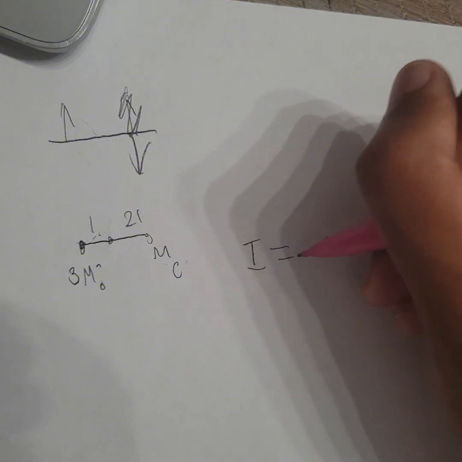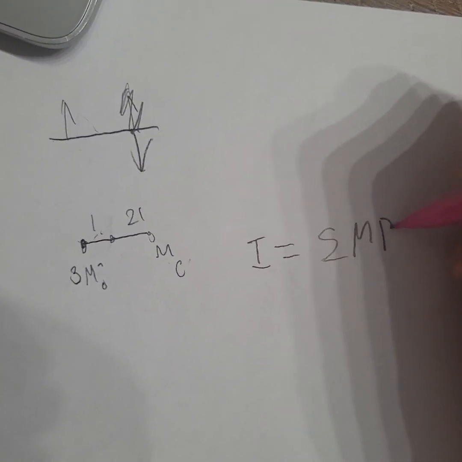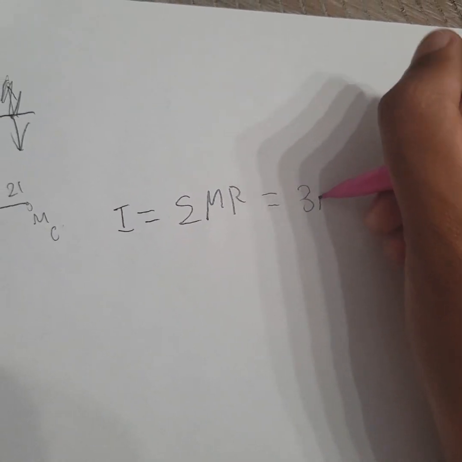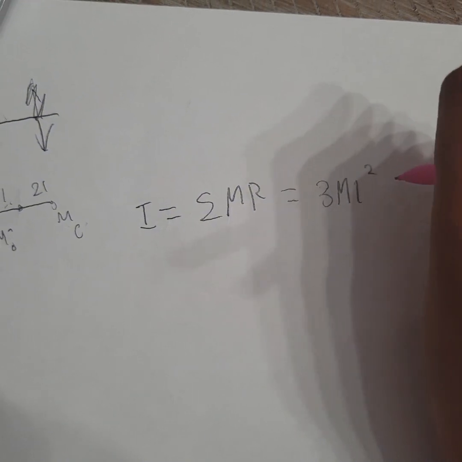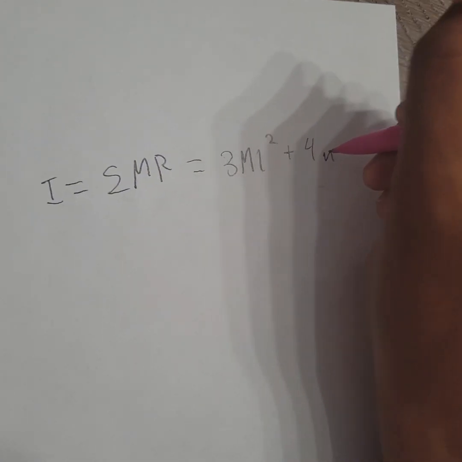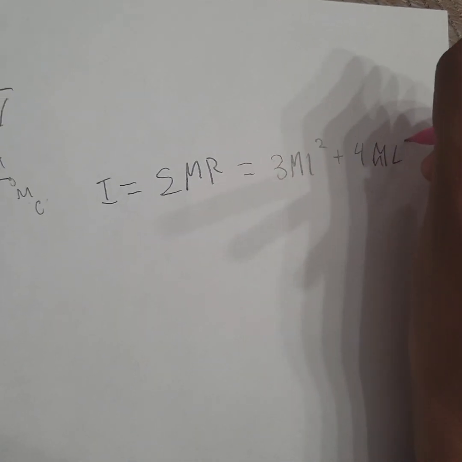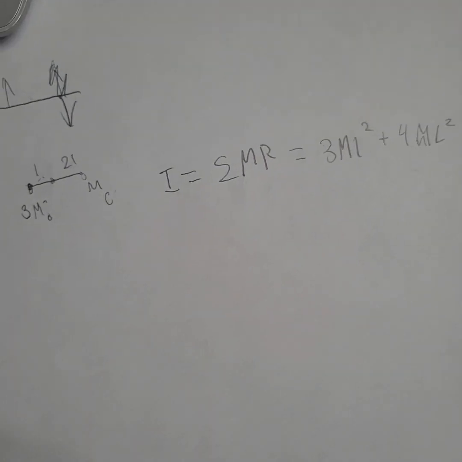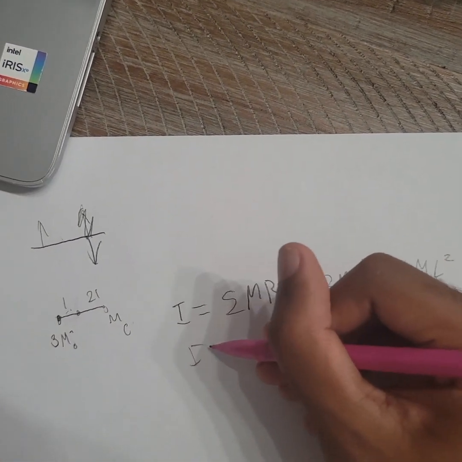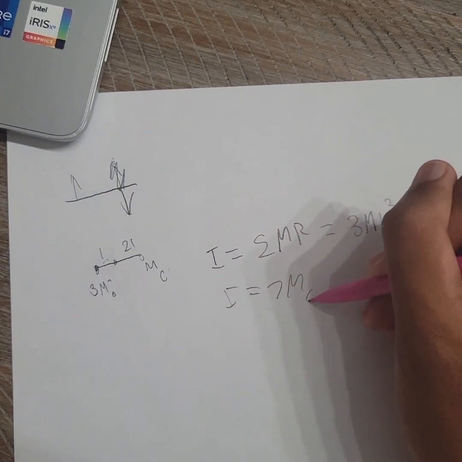So I is equal to the sum of the mr squared. And in this case, that's going to be equal to 3mL squared plus 4mL squared. And that's because this is 2L, which, when squared, is 4L squared. So that's going to equal 7mL squared.